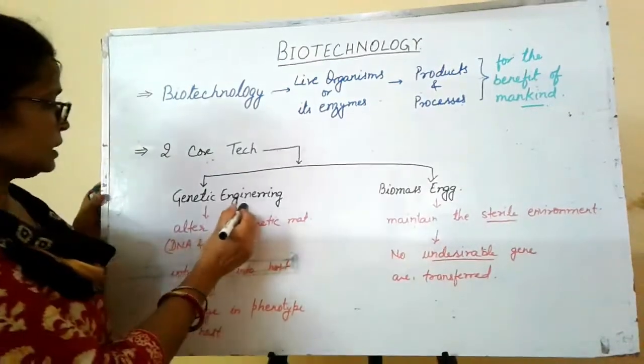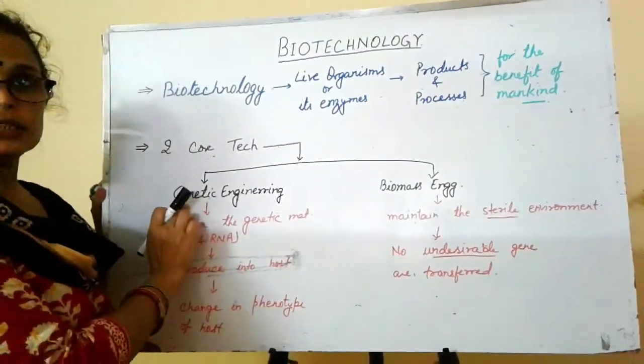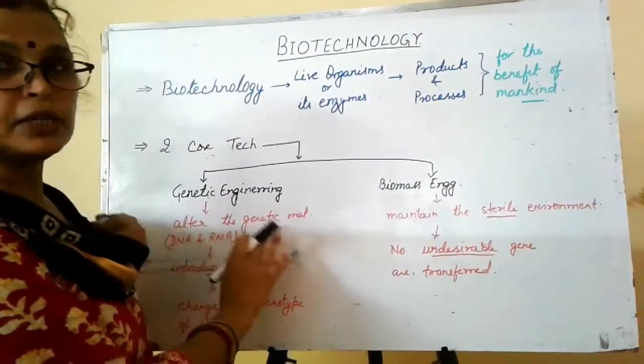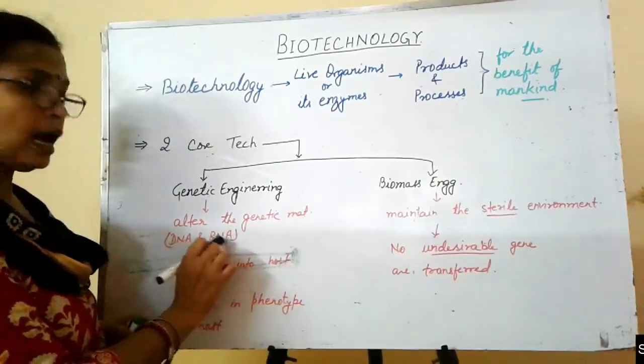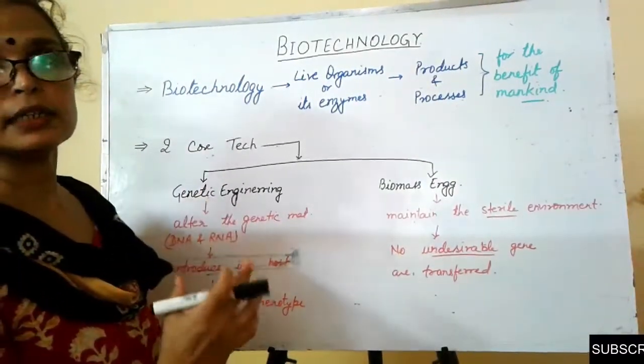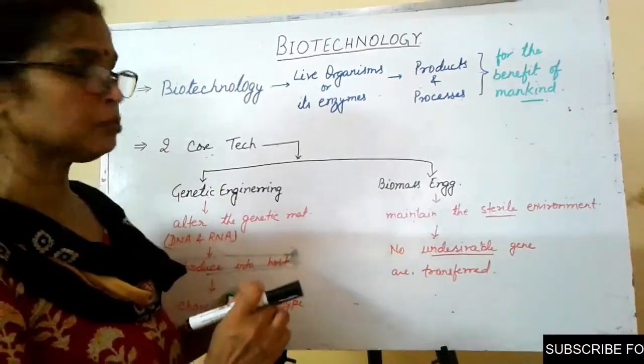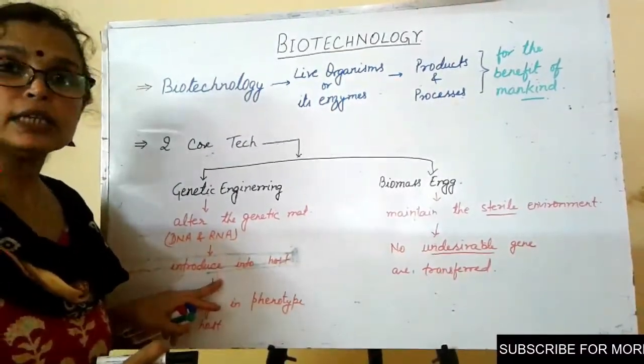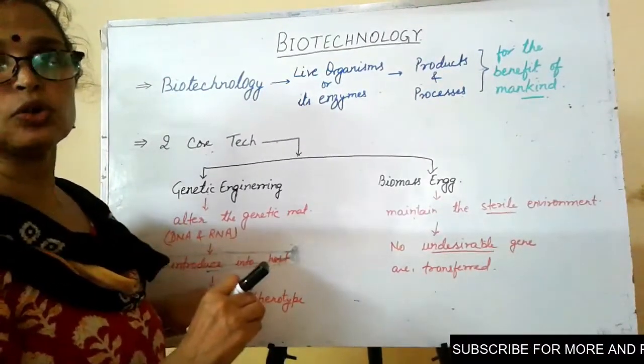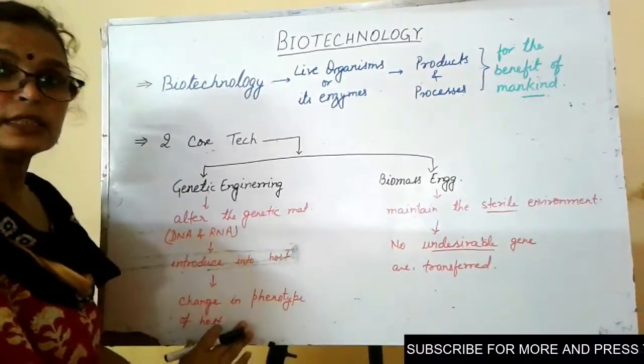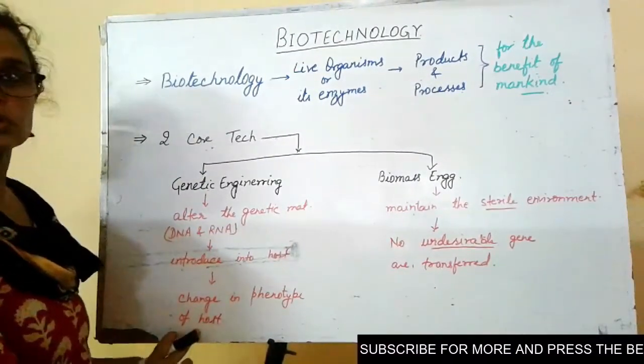What is genetic engineering? In genetic engineering, the genetic materials, that is DNA and RNA, are altered. There is a manipulation in genetic material and that is introduced into the host to change the phenotype of the host.